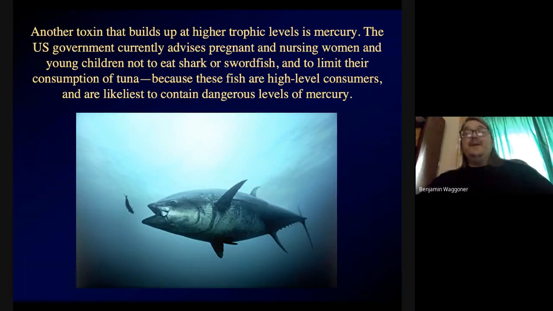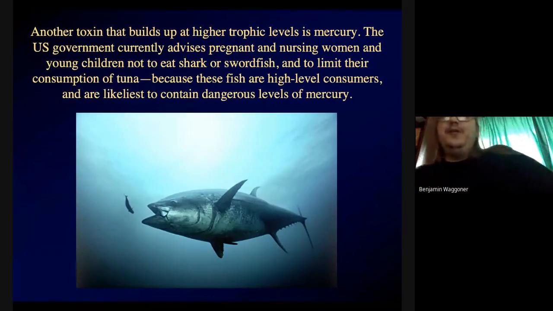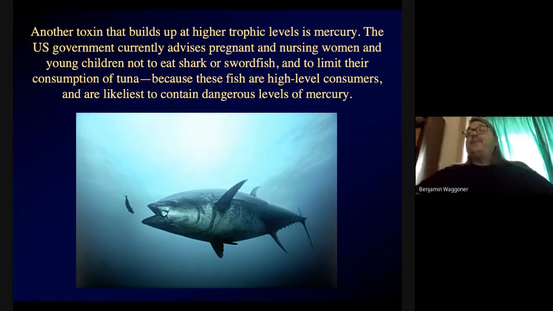That's a tuna in that picture. And tunas are fast attack predators. They're very fast swimmers and they're really big. You might not know it if your only experience with tuna is those little cans, but things like bluefin tuna are very large, very fast swimming fish, and they are predators. They're up very high on the trophic pyramid.